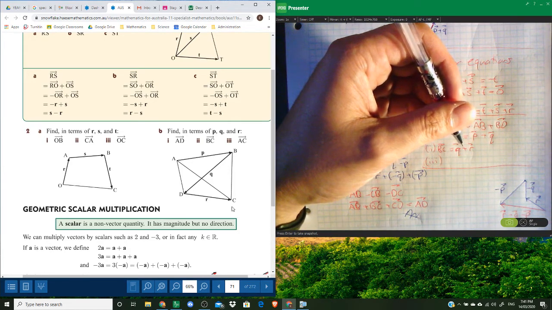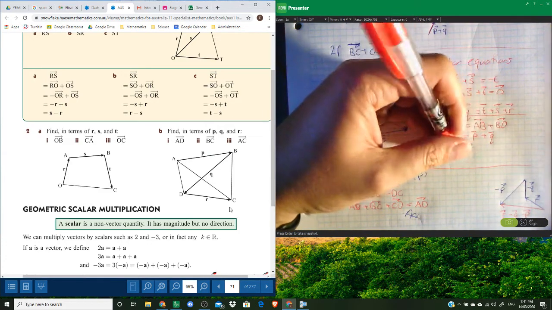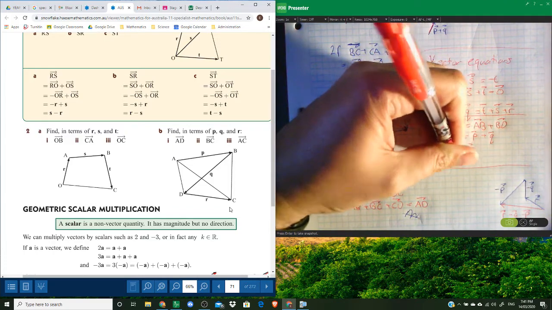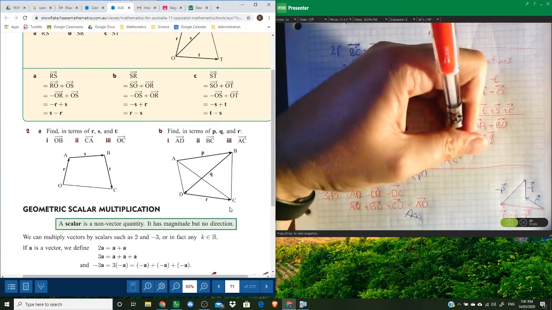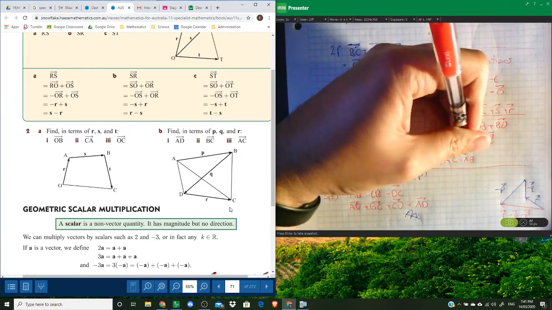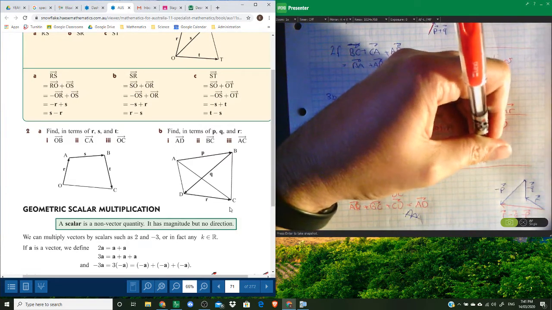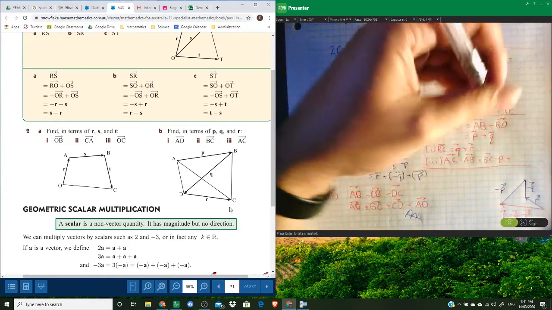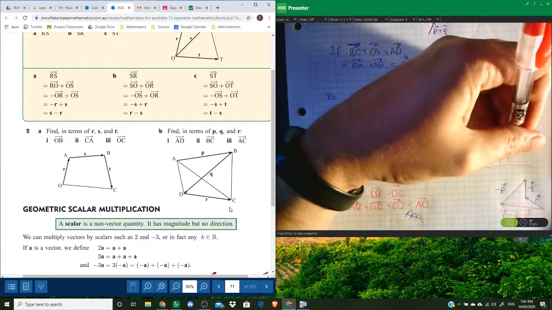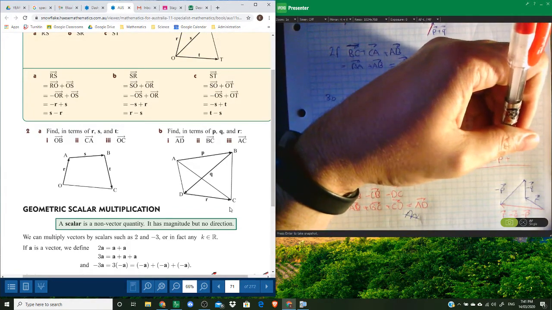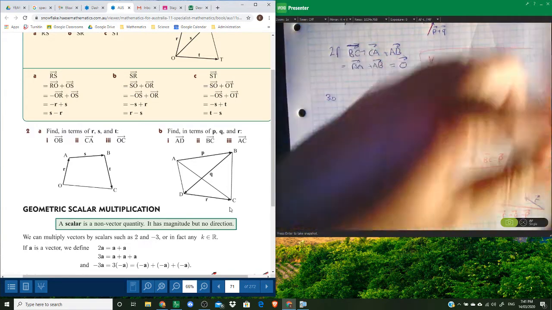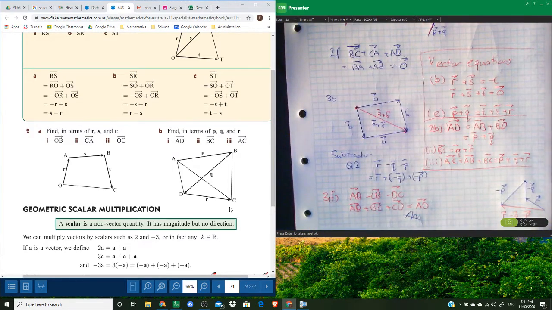A to B, then B to C, because I worked out B to C in the last question. Well, A to C, which is what we're working out, equals A to B plus B to C. Well, A to B is P, and B to C is what we got here, Q plus R, so P plus Q plus R. Well, that's what I thought it would be. So there you go.